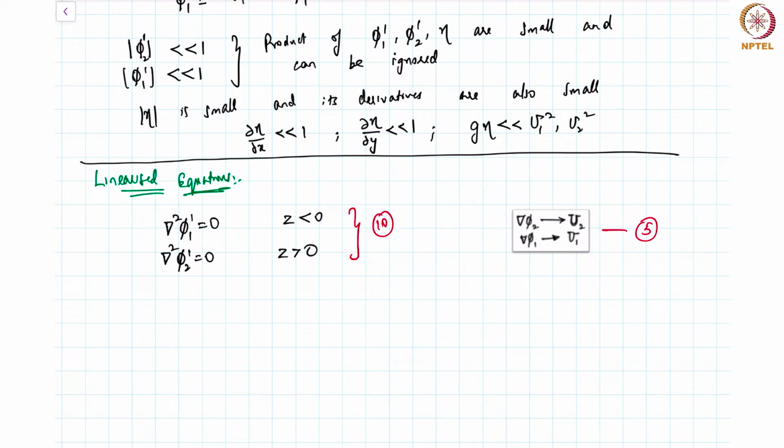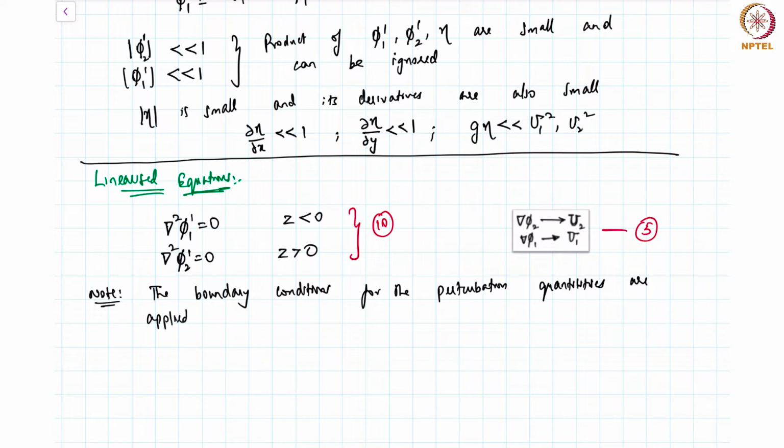Now, let me mention that here I have put the boundary condition as less than 0 and greater than 0 rather than less than eta. So, in case you are wondering, the idea is the following. The idea is that the boundary conditions for the perturbation quantities, all perturbation quantities, are applied at z is equal to 0, not at z is equal to eta.